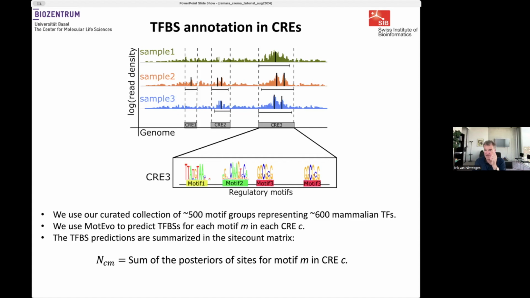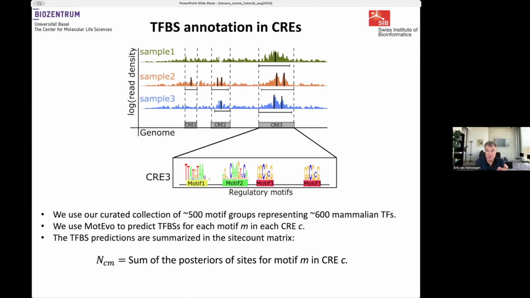Importantly, in the MARA that I showed previously, we made binding site predictions in promoters. Given that the set of promoters is fixed and always the same, we made this annotation once, and we use those binding site predictions for all data coming from that organism.